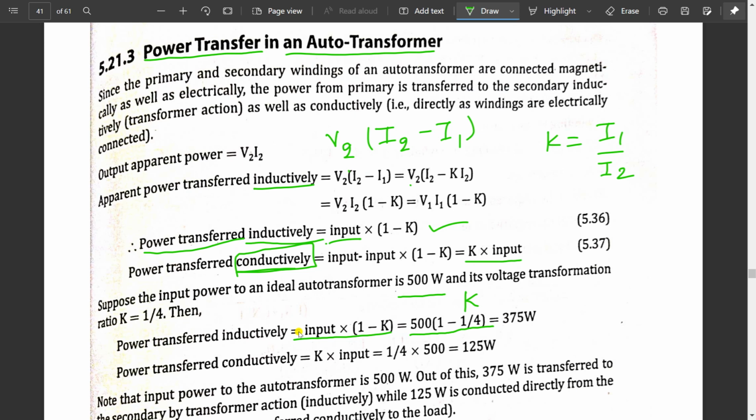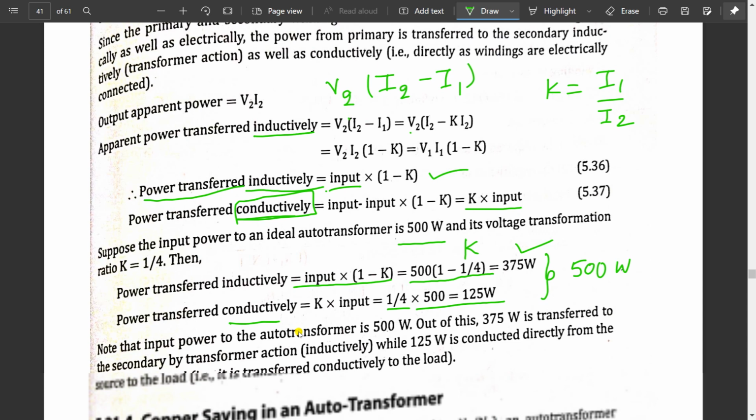The conductively transferred power is K into input, that is 1 by 4 into 500, equal to 125. If you add these two, you get 500 watts. The 375 is the inductively transferred power and the remaining is the conductively transferred power. I hope all of you understand how power is transferred in an auto transformer. There are two modes: one is inductively, another is conductively.